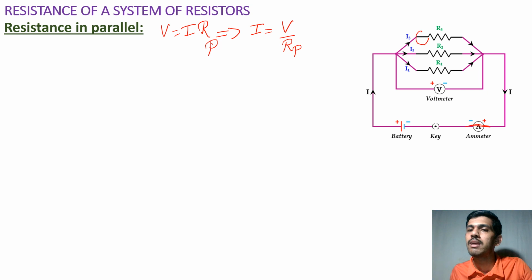Once I place it here, I switch on the circuit and measure the value of current. Let us assume the current was I when the ammeter was connected at this point in the main circuit, so we call it the main current.